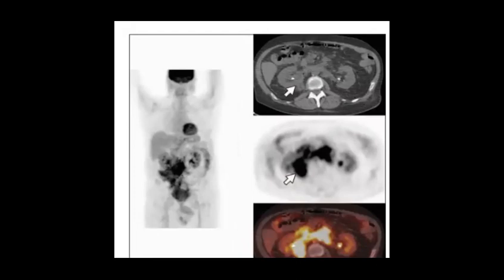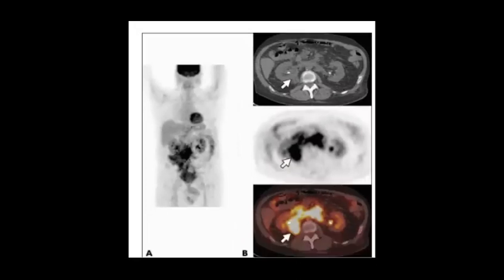Where is the abnormal uptake, and the extensions? Do you agree that there is retroperitoneal lymphadenopathy? Perfect, Rehan. Do you agree that there is also some mesenteric lymphadenopathy?